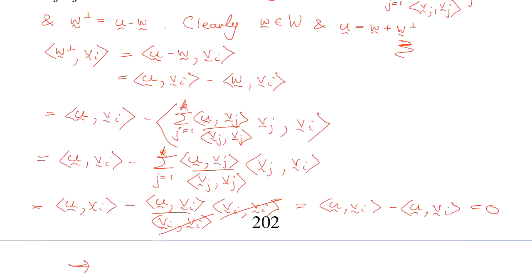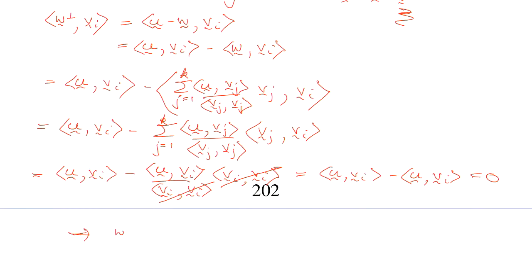So what that tells you is that W perp is orthogonal to everybody in the basis for W. So it's in fact orthogonal to everybody in W, which means it lives in the space big W perp. Okay? So we know where this little vector W perp lives. It lives in W perp, the space big W perp.